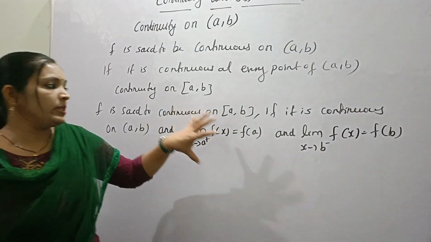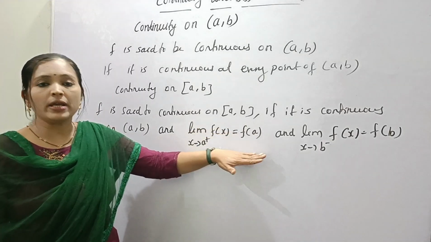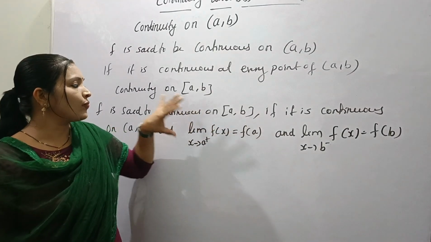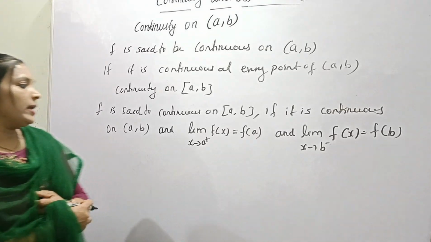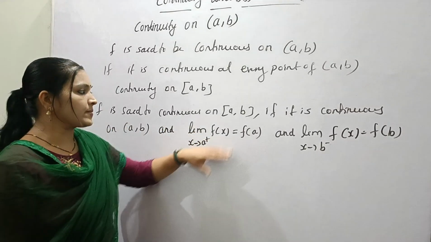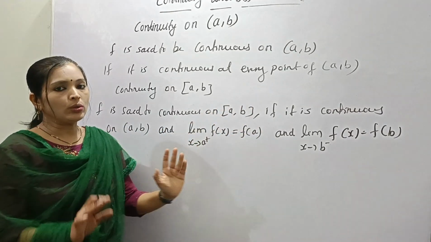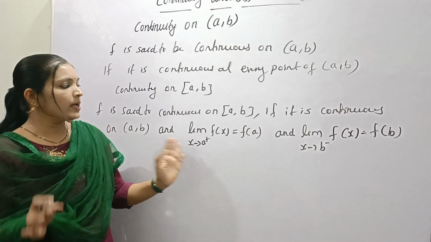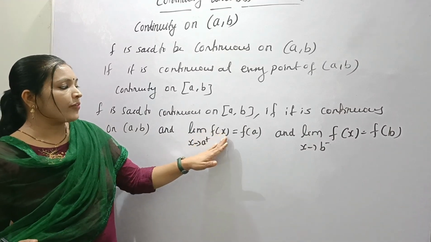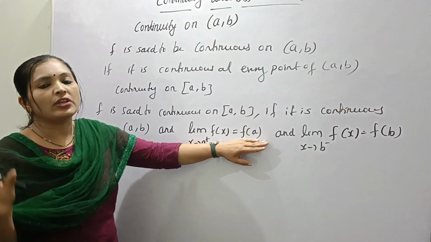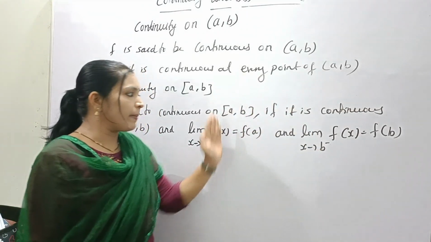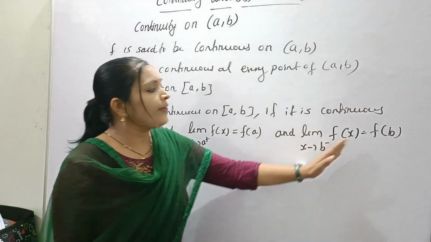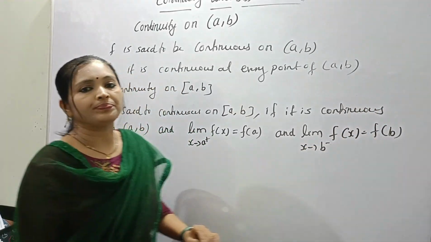So this condition should be satisfied. Here limit x tends to a plus means the values greater than a, not a, f of x should be equal to the value of the function at x equal to a. And limit x tends to b minus f of x is equal to f of b.